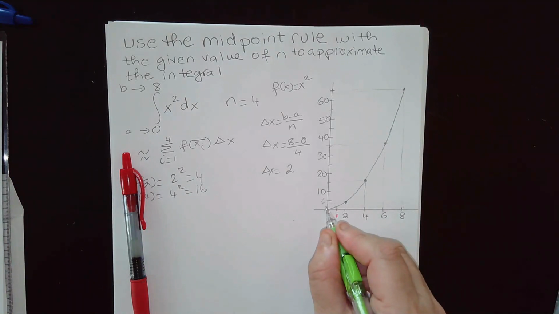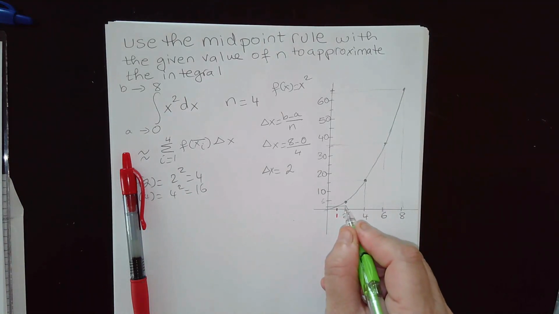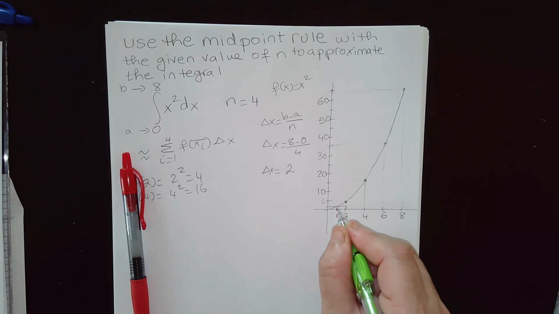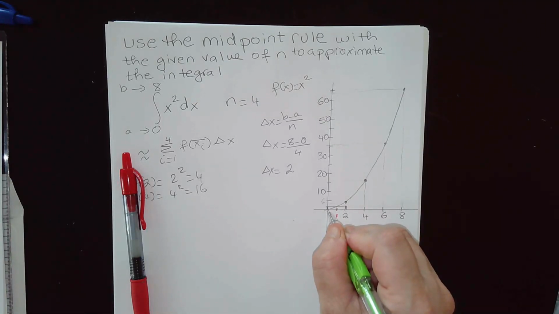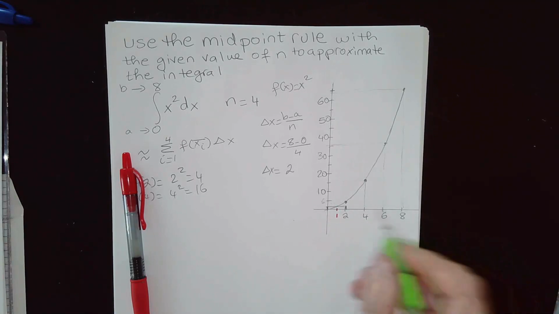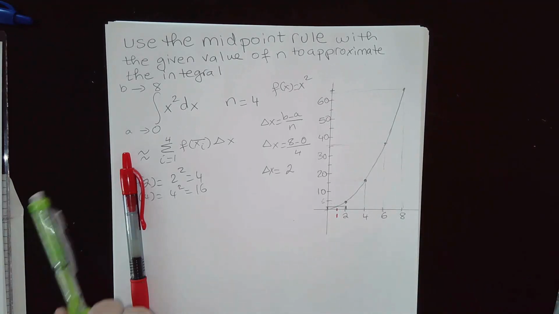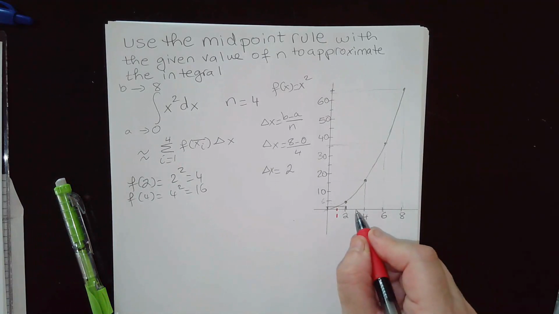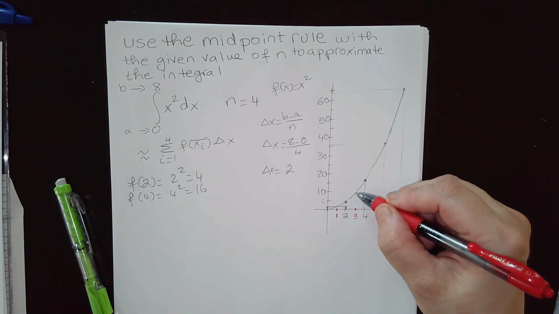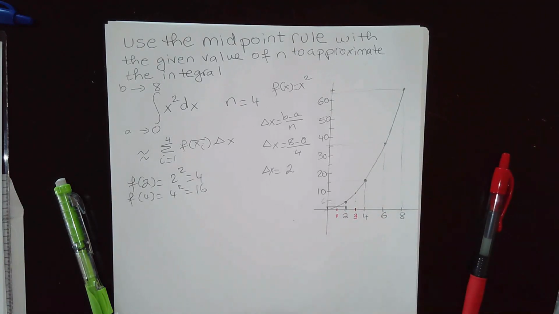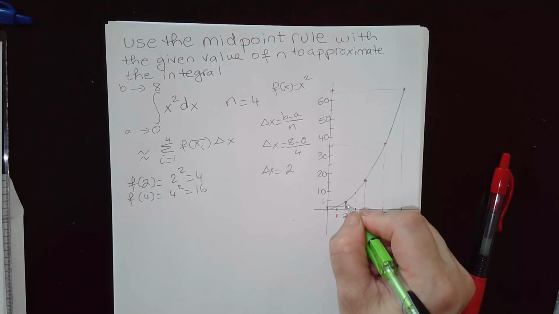Because it's the midpoint rule, it's the height at the midpoint right there. So this is the first rectangle. In the next one, the midpoint is 3, halfway between 2 and 4. Okay, and this is hitting the graph at this point, right? So the graph is going to look like this.